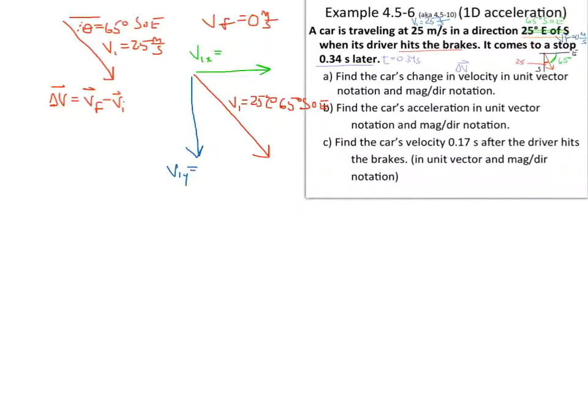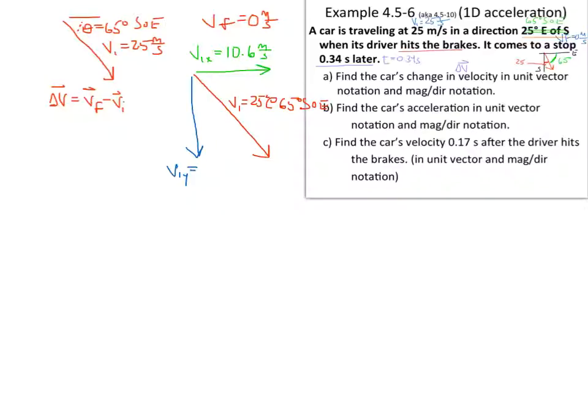Well, how do we get the x? Well, x is always magnitude times the cosine of theta, right? So that's going to be 25 times the cosine of 65, and what I get is 10.56. Let's go 10.6 meters per second.